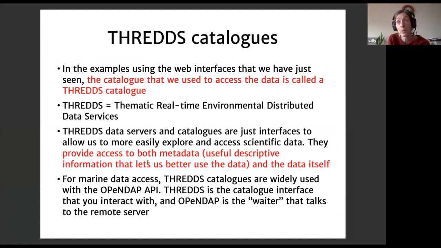And as we've just seen, they give us both the metadata about the product and also the data itself. So THREDDS is this catalog. It's the interface to the OpenDAP API, which is again the waiter that's going to talk to the actual data store.